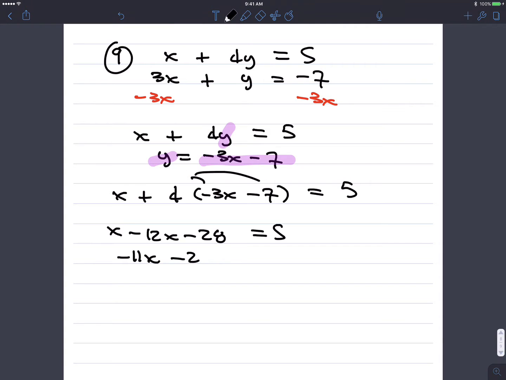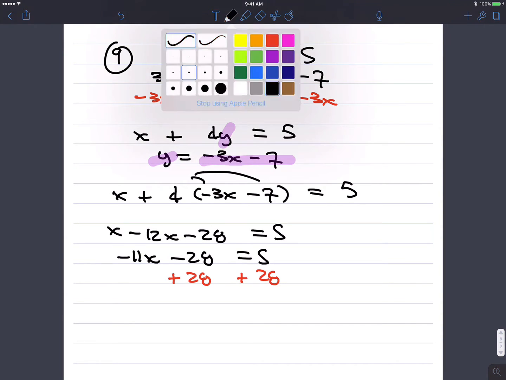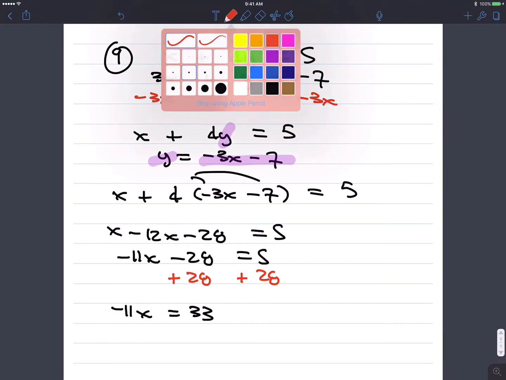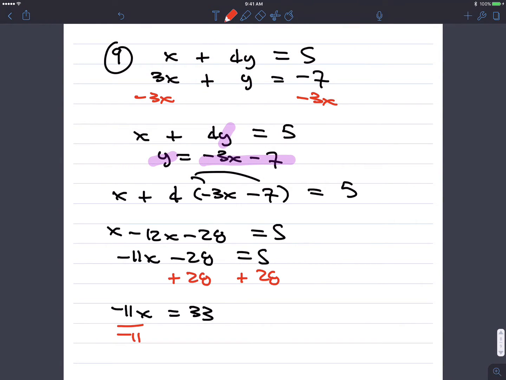Negative 11x minus 28 is 5. I'm going to add 28 to both sides. Negative 11x will be 33. Divide both sides by negative 11. x gives you the value of negative 3.